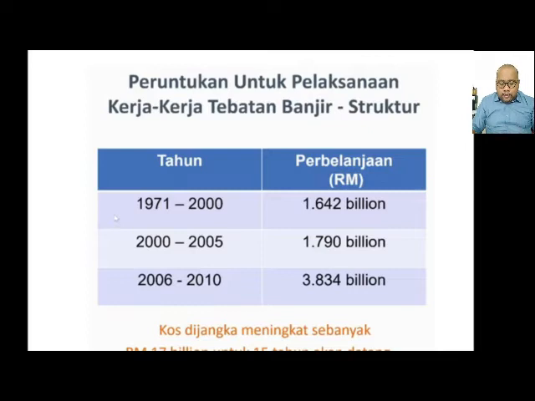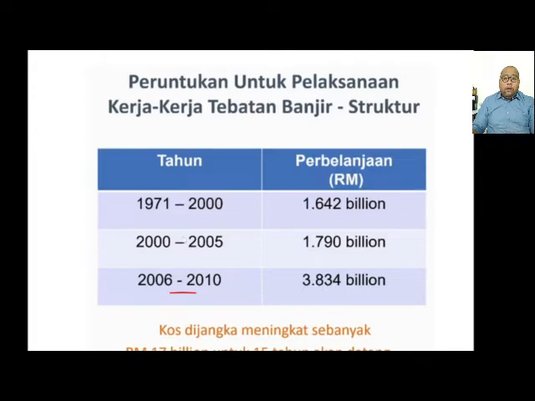And then as you can see from this table, the expenses for flood mitigation have actually increased over the years. If you look from 1971 to 2000, the expenses for flood are around 1.6 billion, and the most recent one, 2006 until 2010, is almost 3.834 billion.